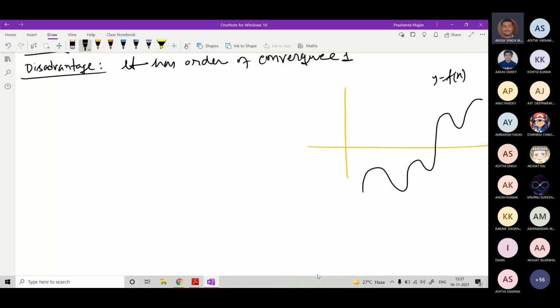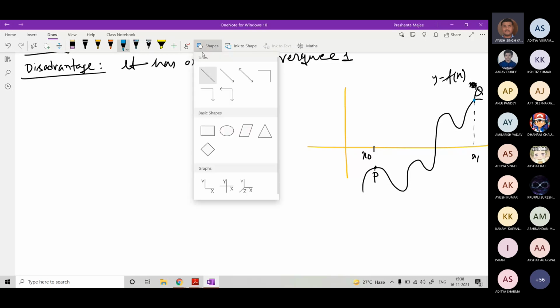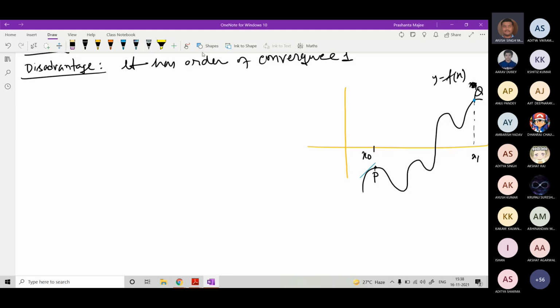Suppose this is x naught and this is x1. What is the point P? P is f of x naught. This is the point P and this is the point Q. So to find x2, what shall we do? We'll draw a chord joining P and Q. Let us do it in this graph and see what is happening. This is passing through P. It has to pass through Q.